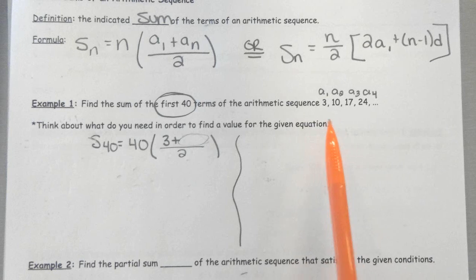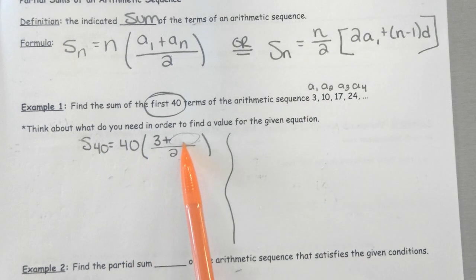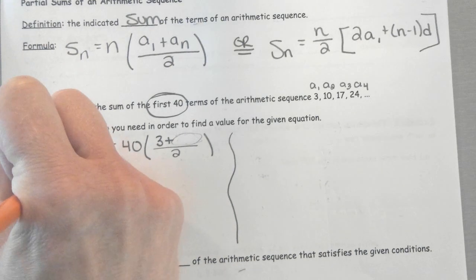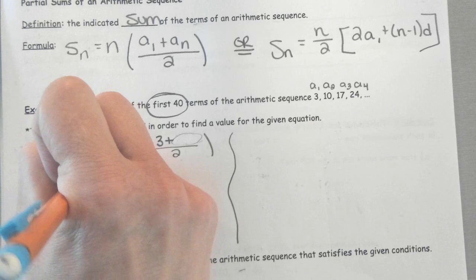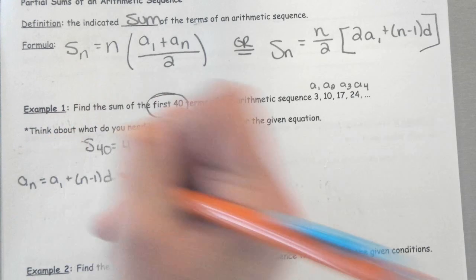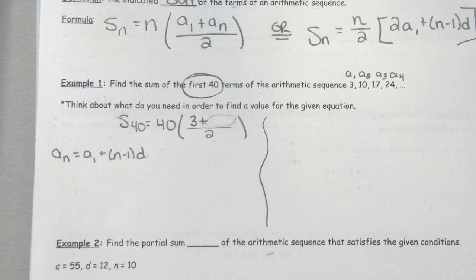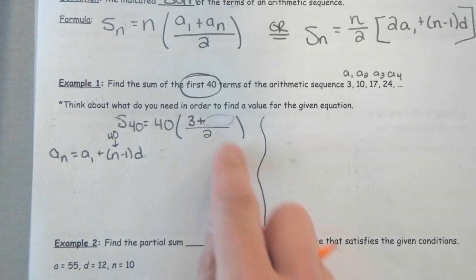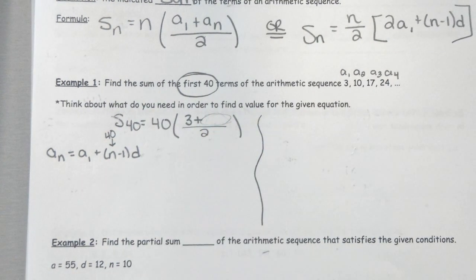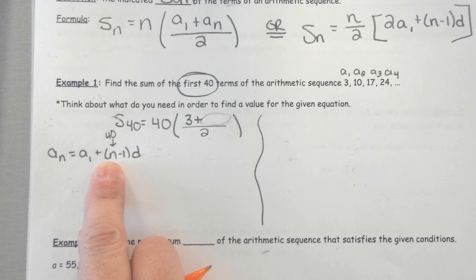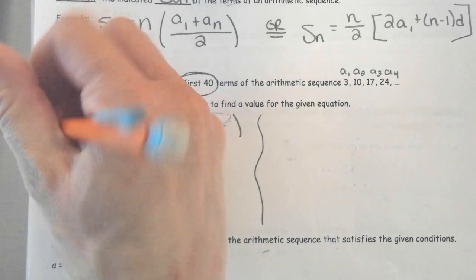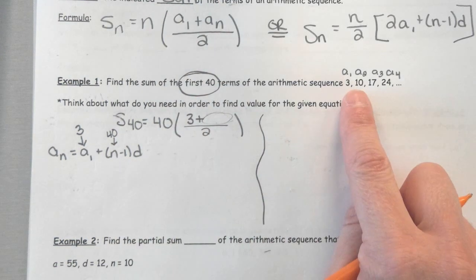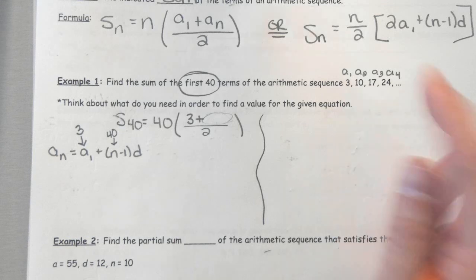Alright, so for this one, if I look at this equation, I'm missing my a sub 40. Think about the formula from yesterday: a sub n equals a sub 1 plus n minus 1 times c. So this one told me that I could find any term. In this case, I want to find term 40 because I need it to be able to finish off this formula. So 40 goes here. What was a1? 3. And then my constant difference, if I look at my arithmetic sequence, is 7 every single time.